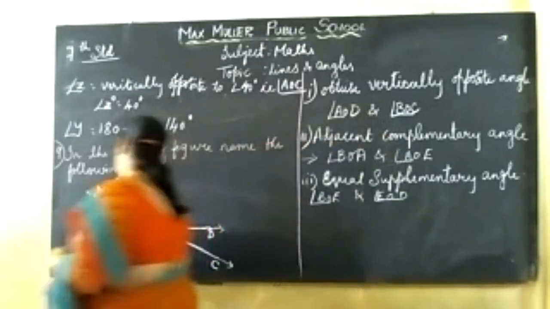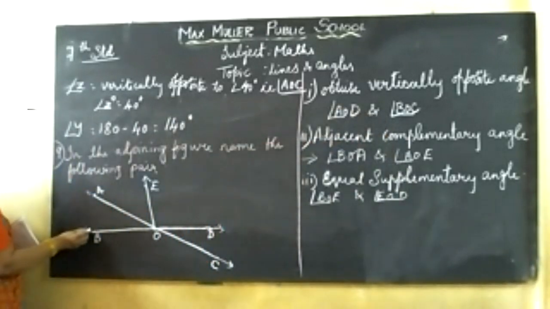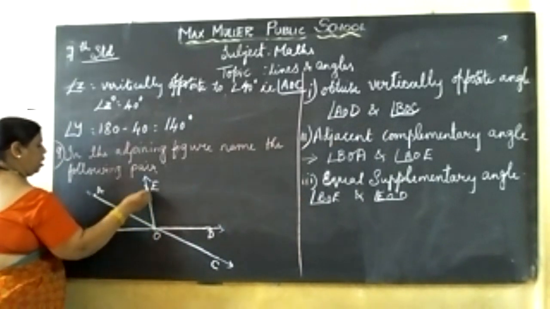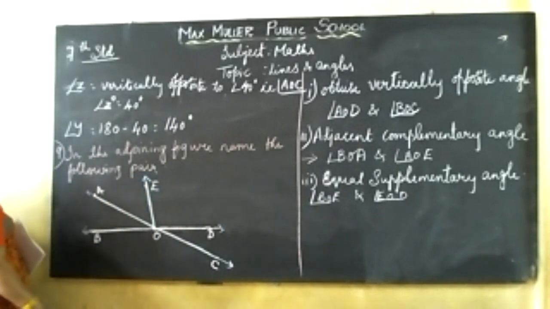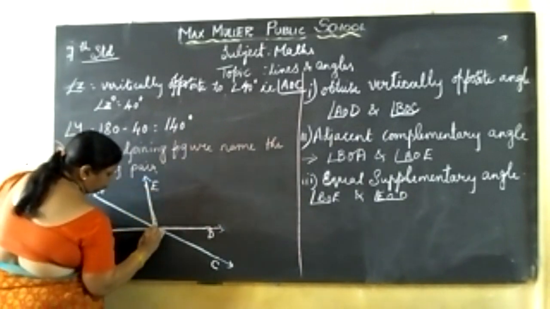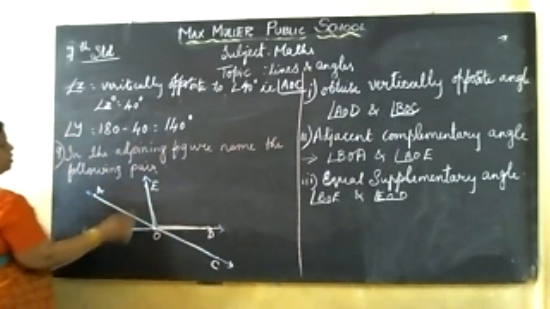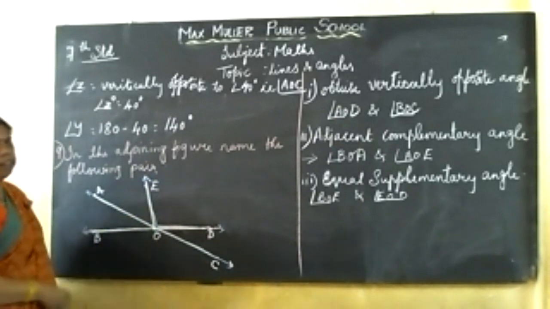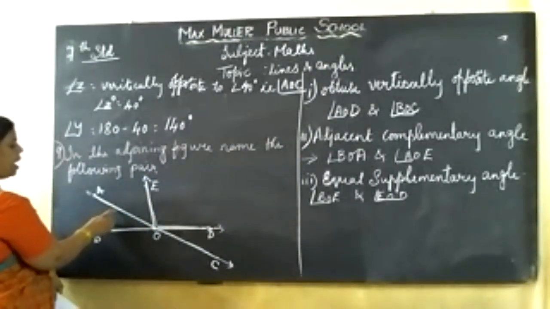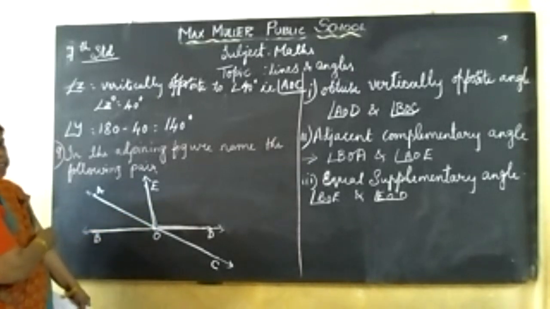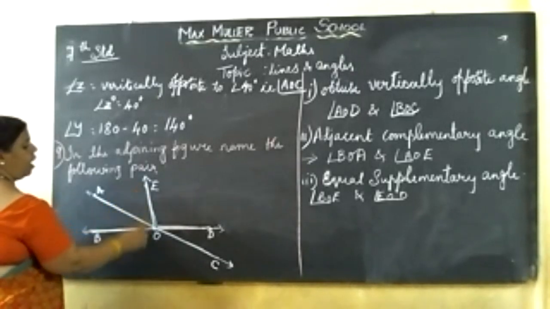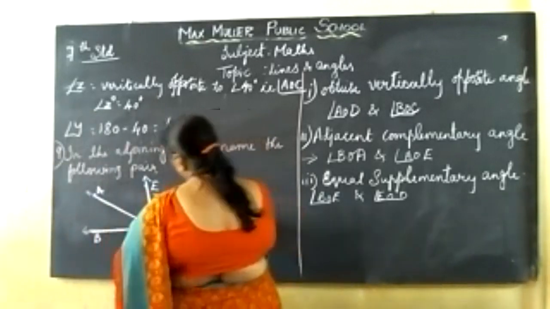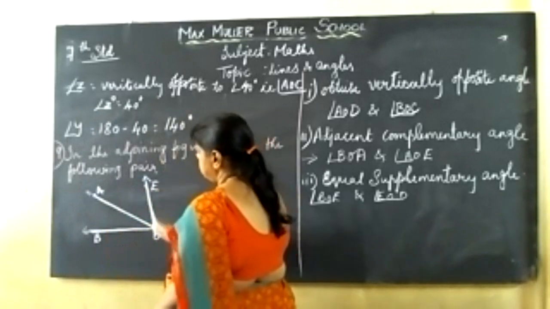This one. This is right angle, isn't it? So when you join both the angles, you will get 180 degree. If you add this angle and this angle, it doesn't get supplementary angle. Only this angle and this angle, if you join, you get 180 degree. This only it is straight. It should be straight.